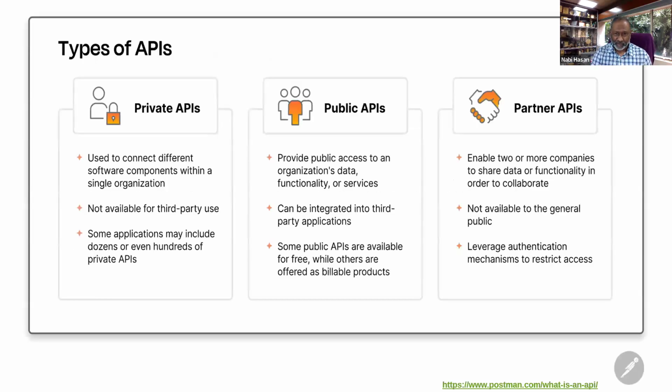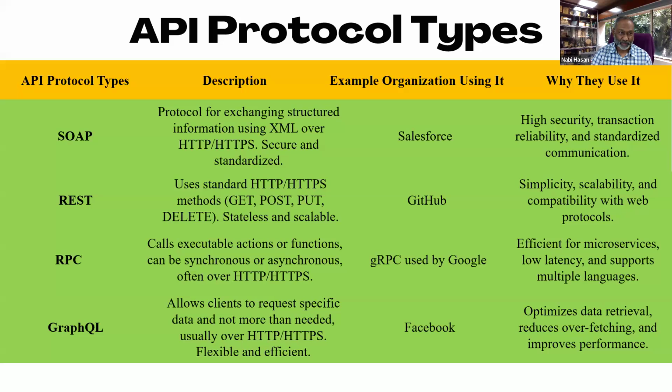So these are three different types of APIs, and as far as Scopus is concerned, we will be considering it under public APIs, where some of the information is available freely up to some extent, and then there are billable products out of Scopus.